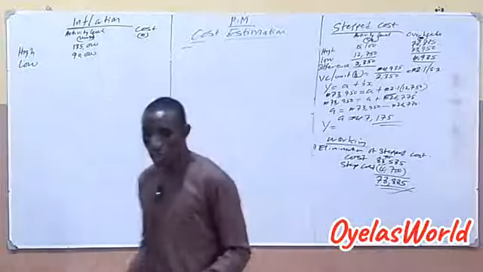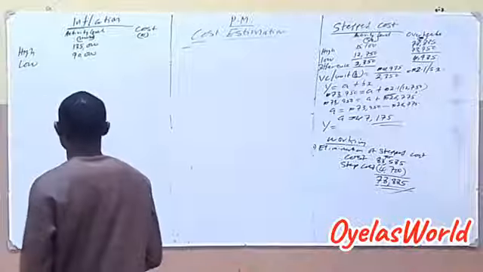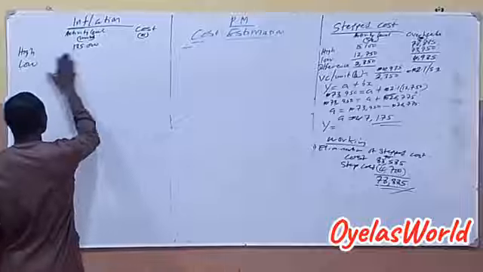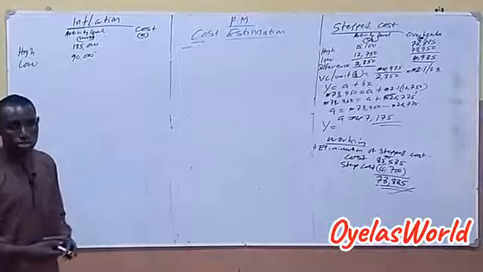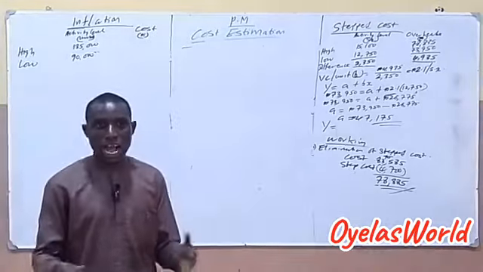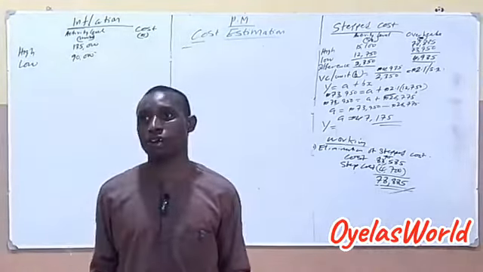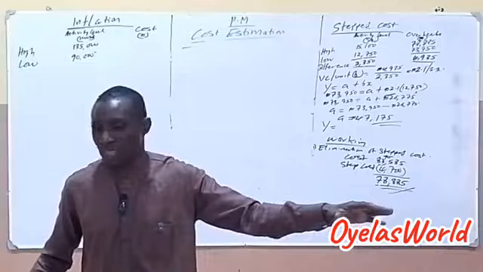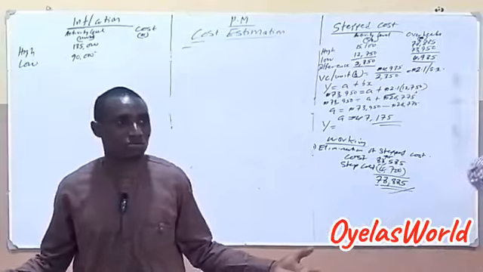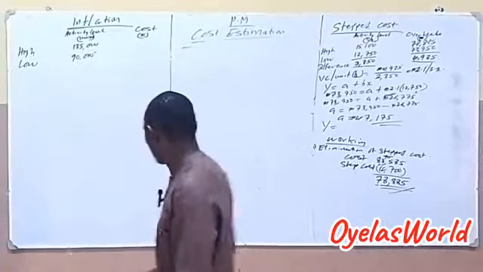For that low level, the price index is 144. So both periods are inflated, even inflated at different rates. We need to eliminate that. So let's quickly do some more working.